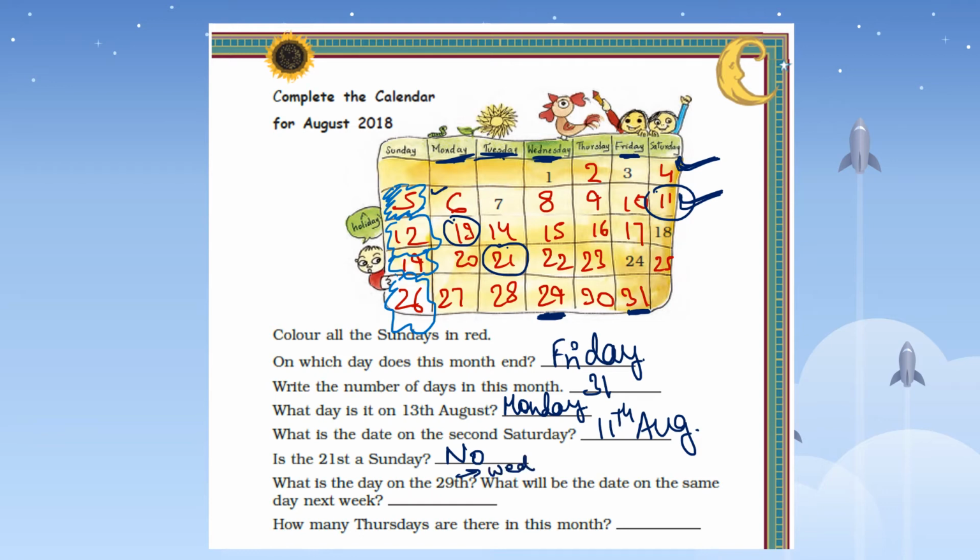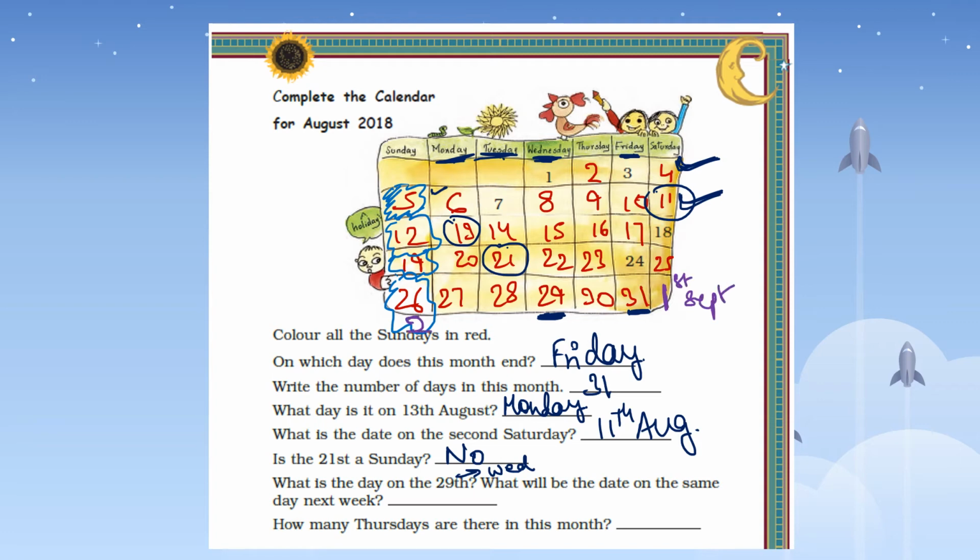What will be the date on the same day next week? Same day, so Wednesday, but next week, right? So it will be September. Just do this little thing. We end August on Friday. On Saturday it is 1st September.